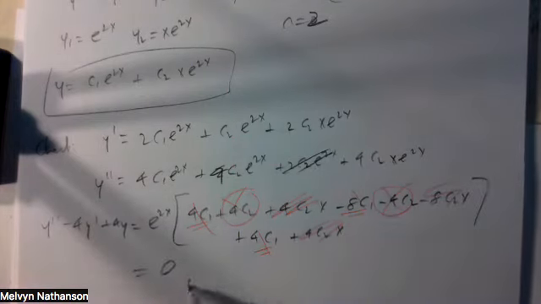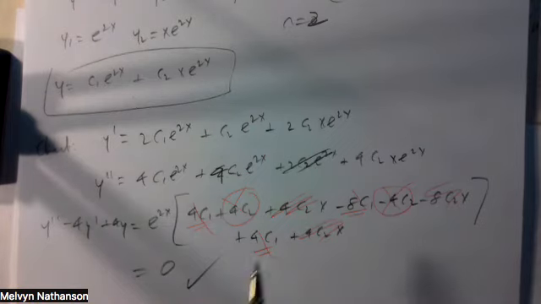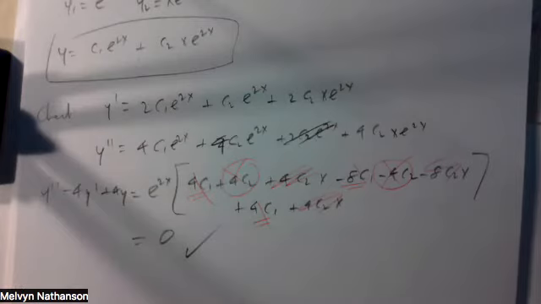So this is 0, and it checks. This works. So you now know how to solve the second order constant coefficient equation in case 2, when the discriminant is 0.